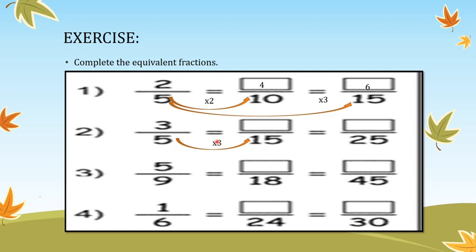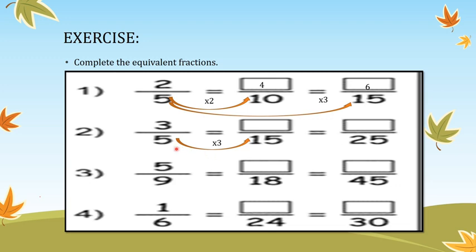So if the denominator 5 is multiplied by 3, then your numerator will also be multiplied by the same number, by 3 only, not by any other number like 4, 5, 6, 7 of your choice. If the denominator is multiplied by 3, the numerator will also be multiplied by 3. And how has this 3 come? Is it by our choice?